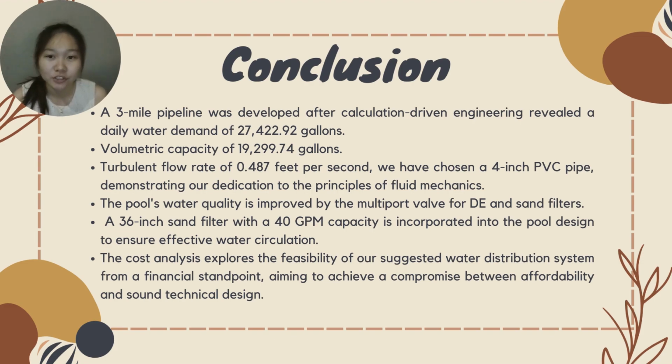Conclusion: a 3-mile pipeline was developed after calculation-driven engineering revealed a daily water demand of 27,422.92 gallons. Next, a volumetric capacity of 19,299.74 gallons and a flow rate of 0.487 feet per second.